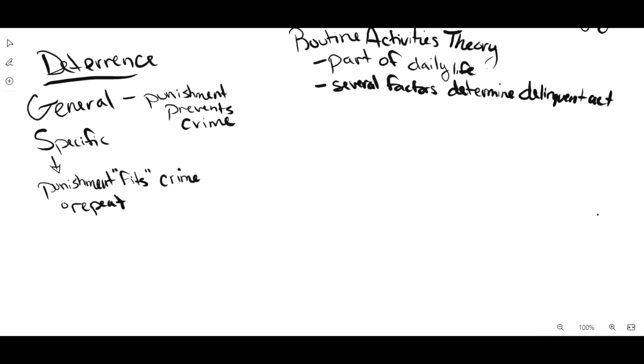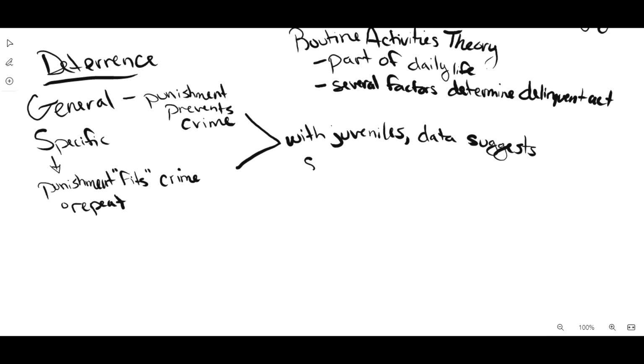But something in general about deterrence and why I wanted to bring it up here is, within the juvenile system, the data suggests that strict punishment doesn't really work.